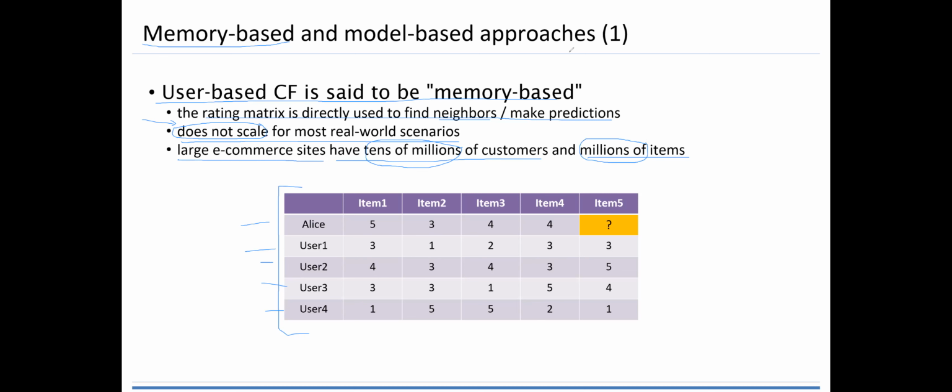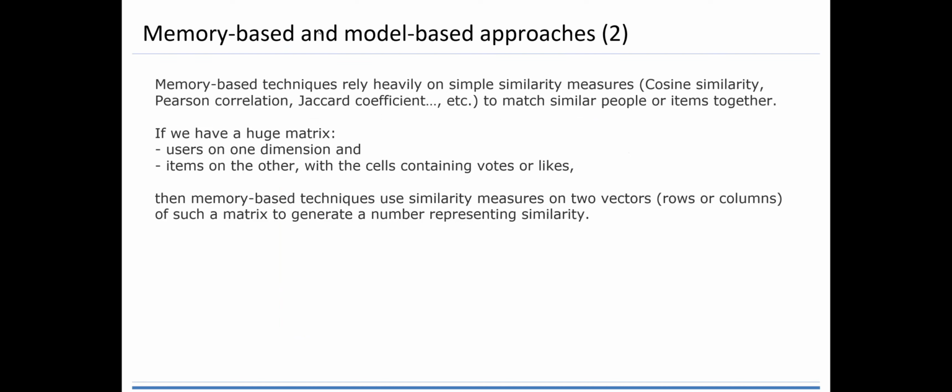In this case, the memory-based approach, as you know, relies heavily on simple similarity measures. You already learned about the basic cosine similarity, the Pearson correlation, the Jaccard coefficient, etc. It is to match similar people, or to match similar items together.